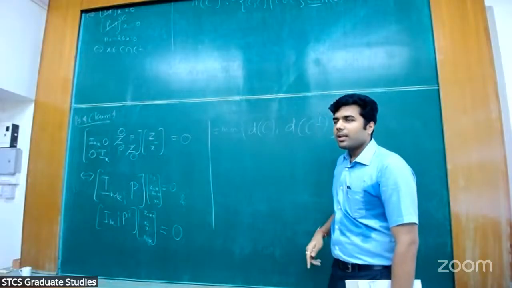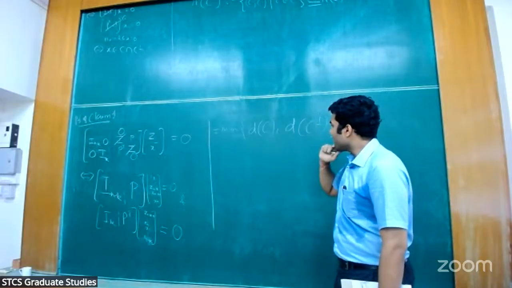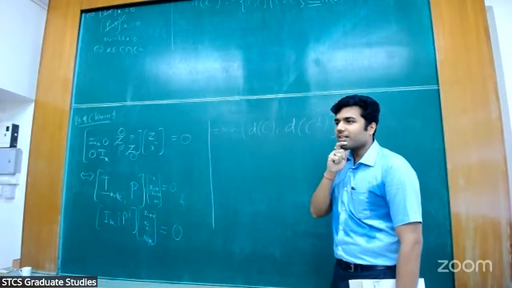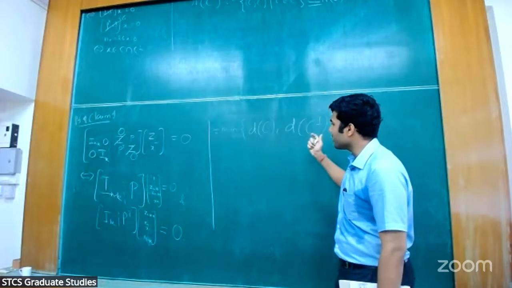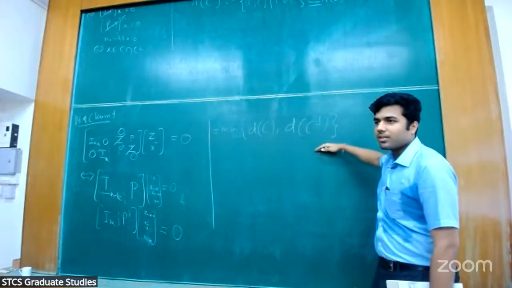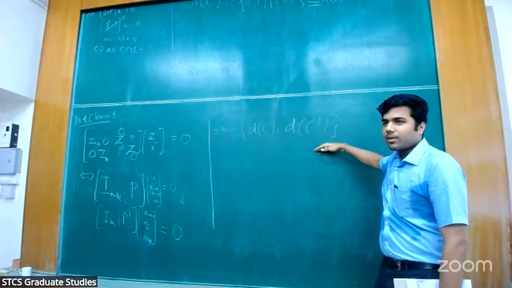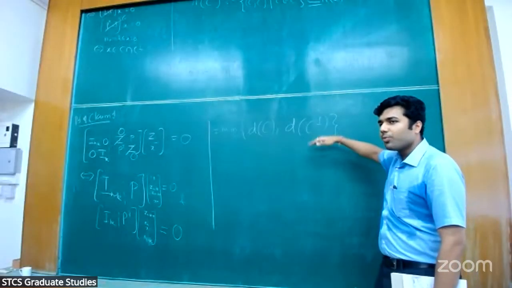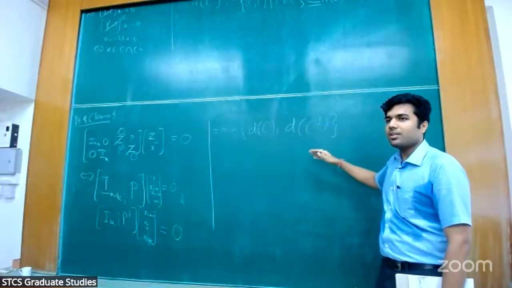So I would say that this is the proof, but I have cheated a bit, because I assume that this is NP hard. In the interest of time, there's a proof as to why this is NP hard, but what is NP hard?